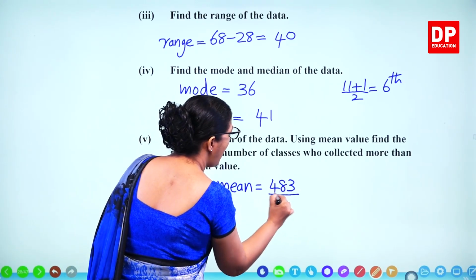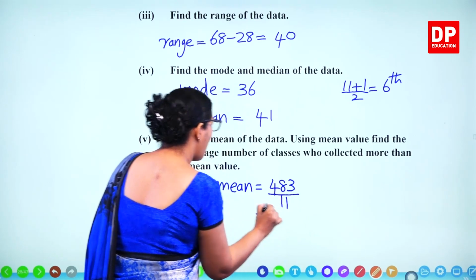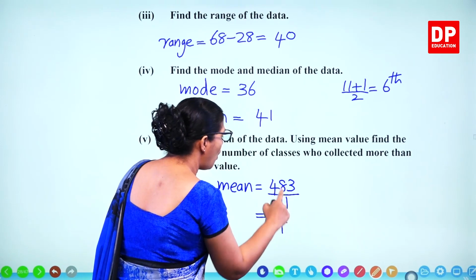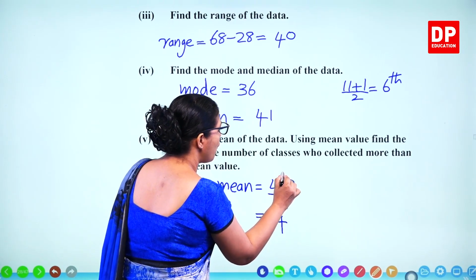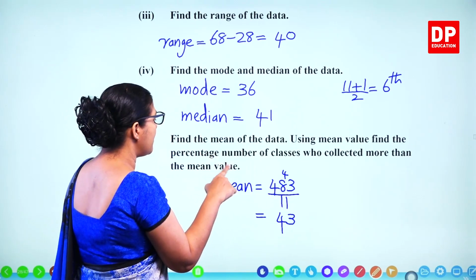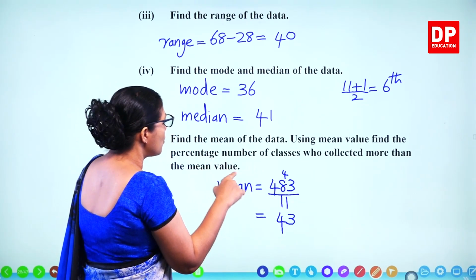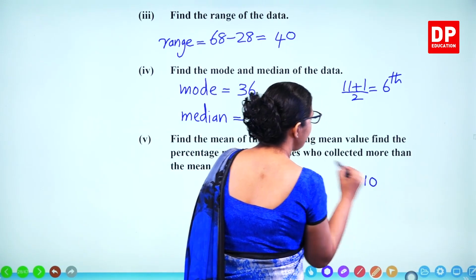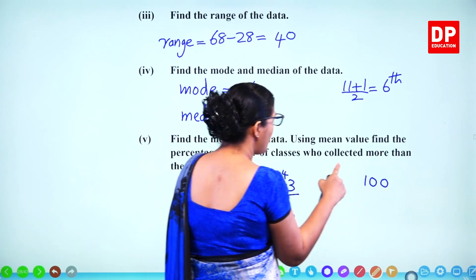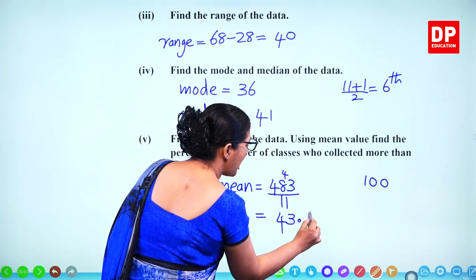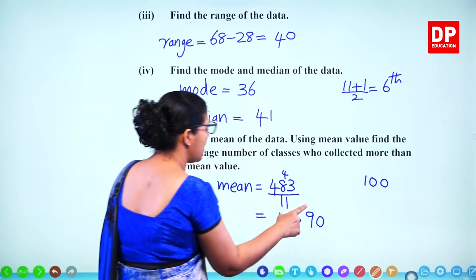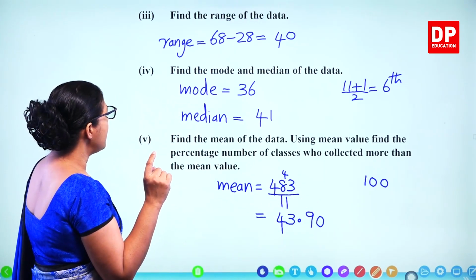So the mean is 483 divided by 11, because 11 data points are there. 11 times 4, 44. For 43, that's 3. So you get 10 remaining. Then when you take another 0, 100, 11 times 9, 99, and for 10, nothing. So here 43.90.